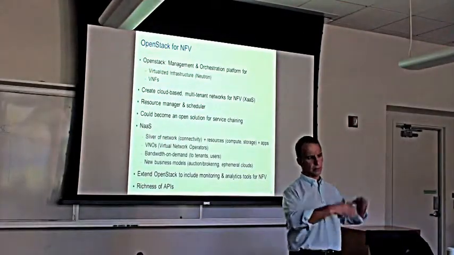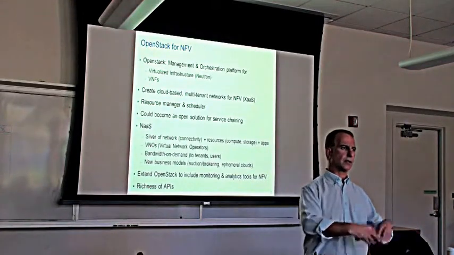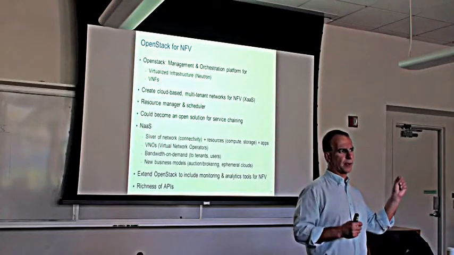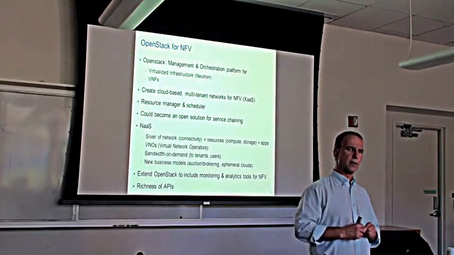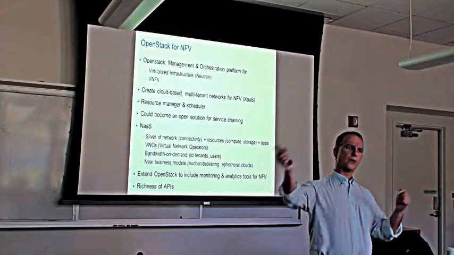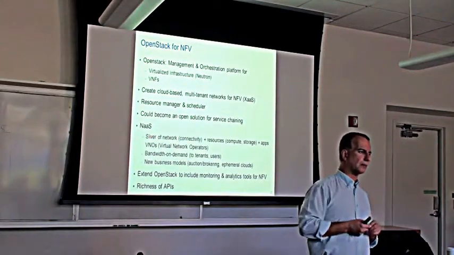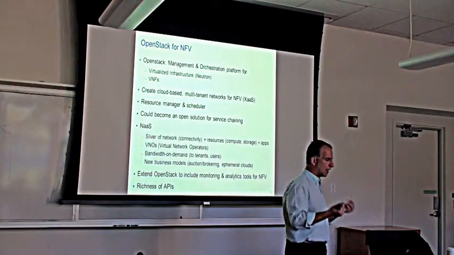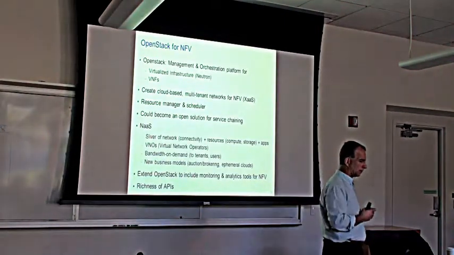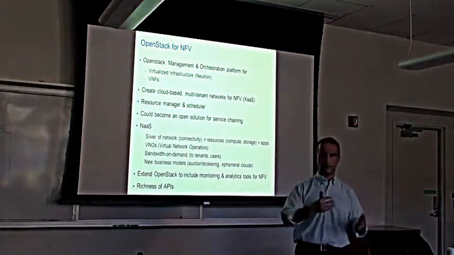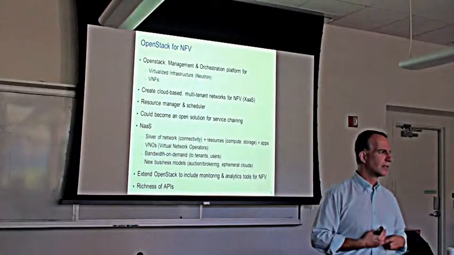So company A says, here's my service chaining solution, but it works only with companies B, C, and D. But if you have a VNF from company E, how do you make sure it can be plugged into that service chain? So in my mind at least, open efforts can provide the solution here. And obviously some vendors won't like what I'm saying.